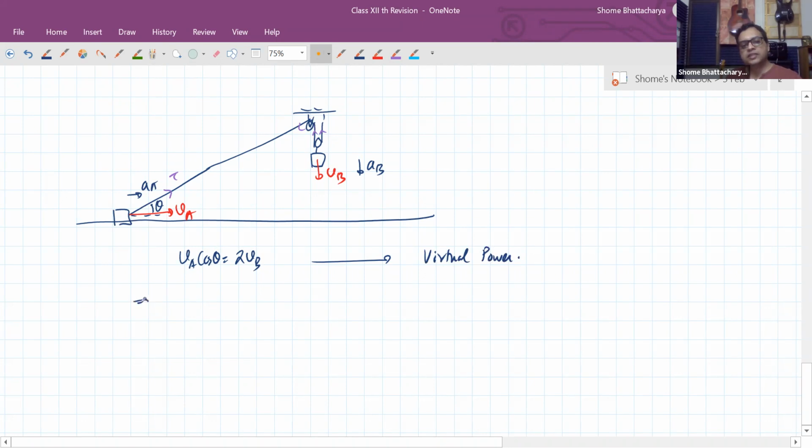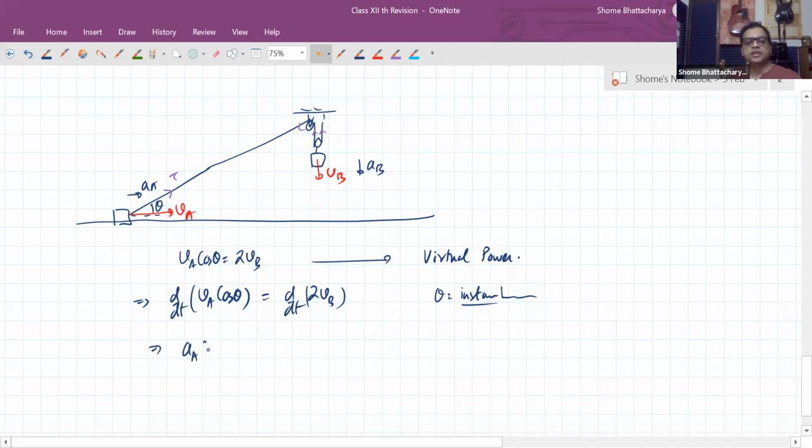Okay, so when we differentiate this, we have the time rate of change of this quantity equal to the time rate of change of this quantity. So when we differentiate here, remember that theta is an instantaneous quantity. It's not constant. Okay, so this will be acceleration of A into cos theta plus VA into minus sine theta into d theta by dt.